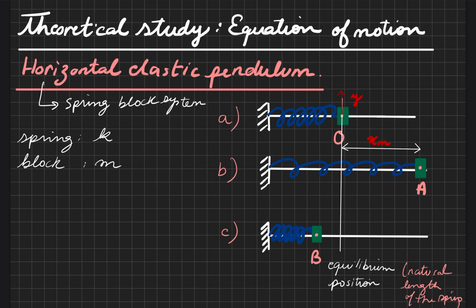Here's xm. It is from point O to point A, and point O is the equilibrium position. And then, after shifting it, we release it without initial velocity, and the block will continue its motion.